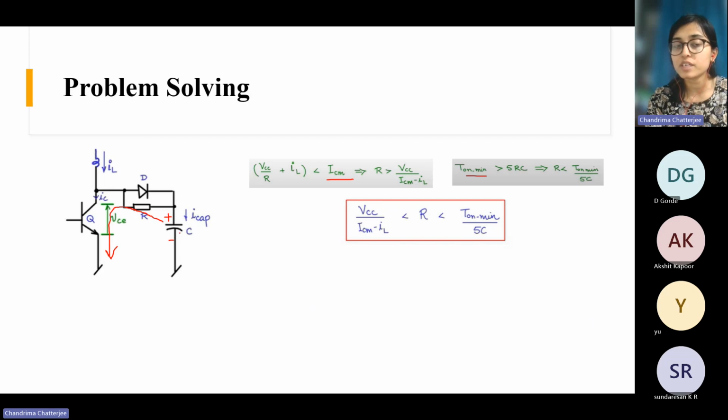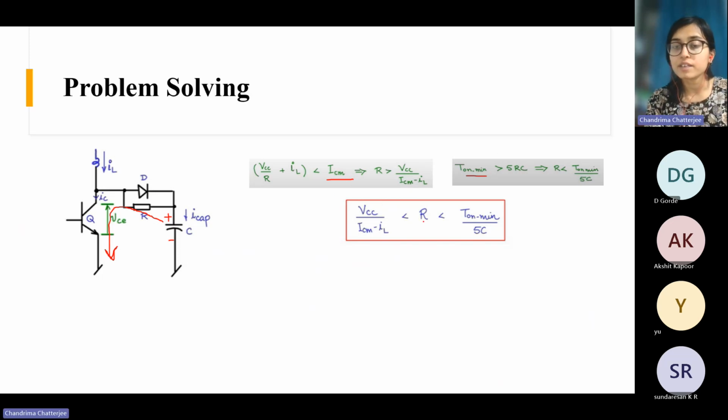Some voltage will remain here. Then in the next cycle, when again it is during turn off, it will not act properly, because there is already some voltage. So before the next cycle, you will have to discharge the capacitor properly, so that when you turn this off again, there is no voltage across the capacitor. So these are the two inequalities.